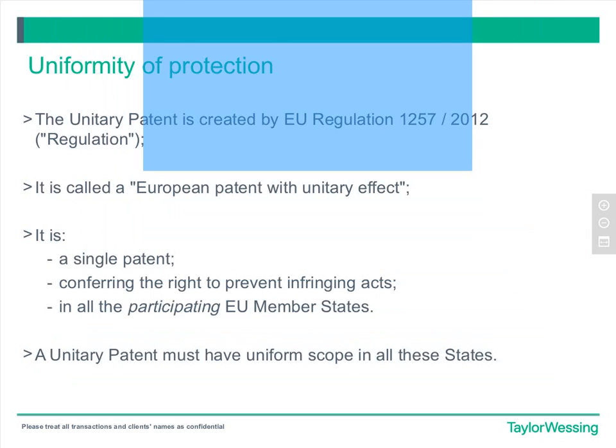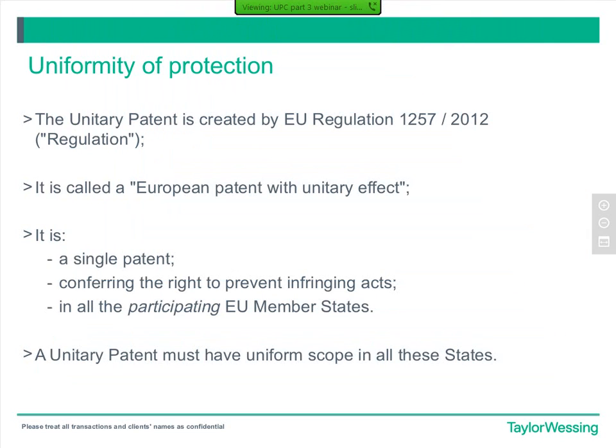Thank you, Nigel. The unitary patent, as you can see from our first slide, is created by the so-called Unitary Patent Regulation of the European Union, in which it is described with its full formal title, A European Patent with Unitary Effect.